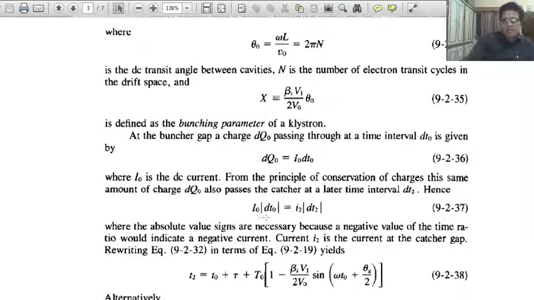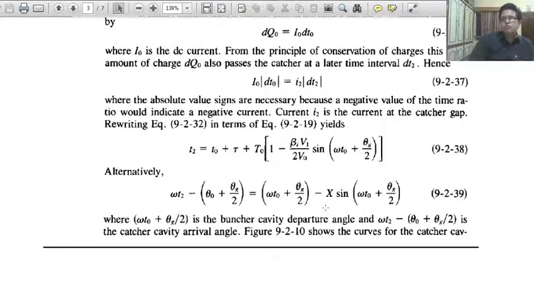That means I0 dt0 equal to I2 dt2. Absolute value signs are necessary because a negative value of the time ratio would indicate a negative current at the catcher cavity. That is only a symbol. Current I2 is the current at the catcher cavity.